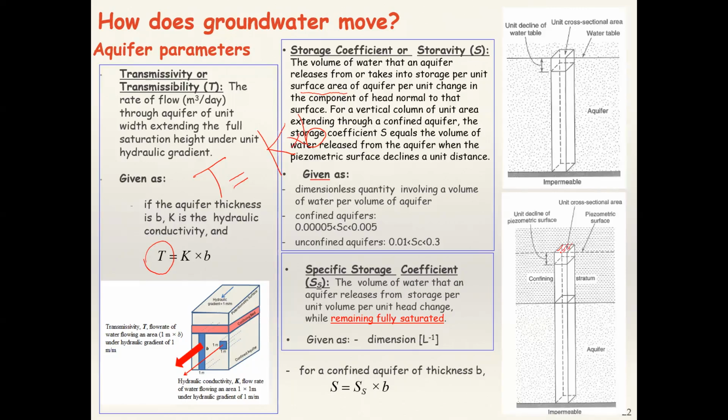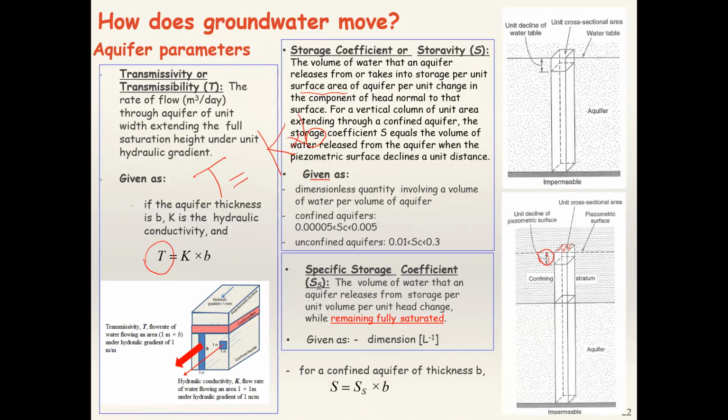Let's say it is 1 meter by 1 meter area. Then, if you reduce the hydraulic head normal to this surface by 1 unit, then what is the amount of the water that you can pump out? That is called the storativity or the storage coefficient.